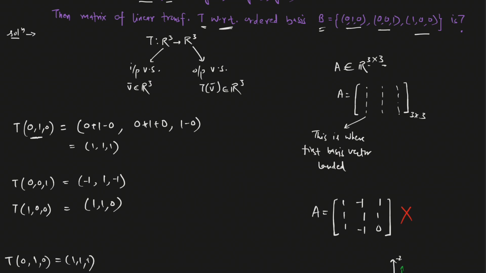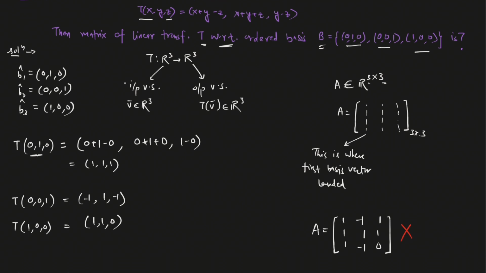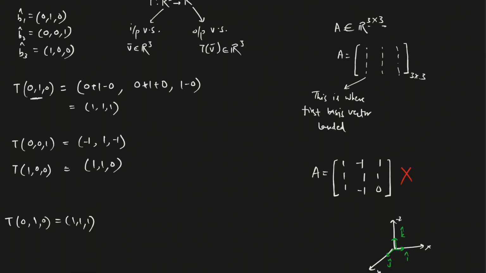If I say write this 1 comma 1 comma 1 in terms of these basis vectors, what are our basis vectors? The first basis vector is 0 1 0, the second basis vector is 0 0 1, and the third basis vector is 1 comma 0 comma 0. If I say write them according to these basis vectors, then it won't be that straightforward. We cannot do a hit and trial, or it may take time.